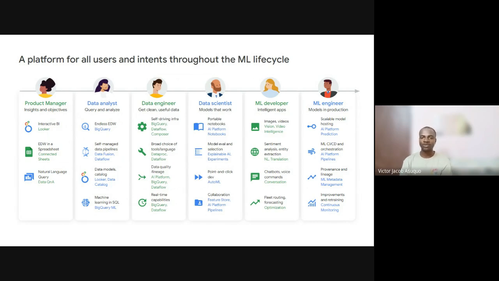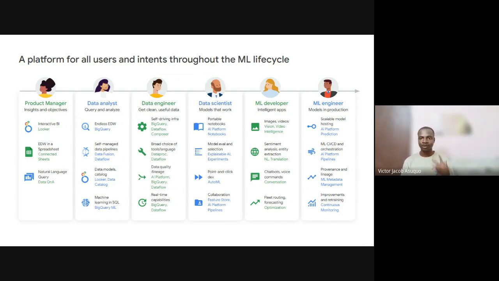Product managers use it, data analysts use it, data engineers need it, data scientists use it, ML developers use it, and ML engineers need it. Let's quickly explore product managers, insights, and objectives. Can you get that as a product manager?